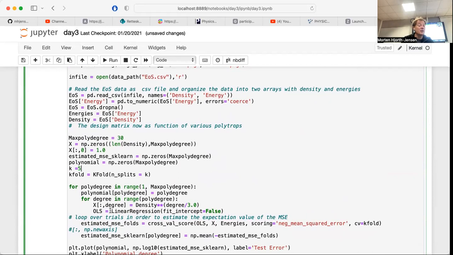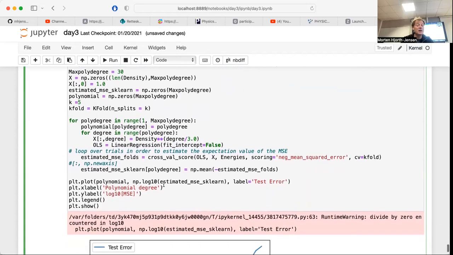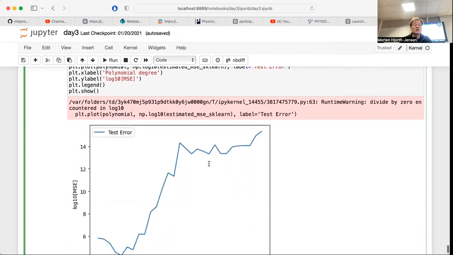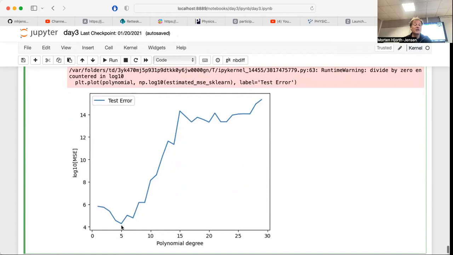I'm performing a plain linear regression, and I keep the intercept. I perform my cross-validation, where now instead of ridge I have ordinary least squares. That takes my design matrix, which is a polynomial to a given degree in the density, and the energy per particle as the output I want to reproduce. For the case with 5 folds, I found that polynomial degree 5 gives me on test data a mean squared error which is pretty large, roughly 5. So it's not a very good model.